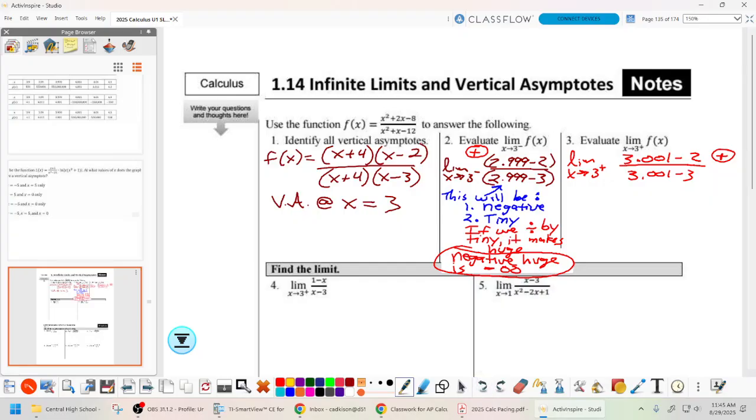Down here we want positive, positive tiny. When we divide by positive tiny, we get positive infinity. So, do you see it doing this in your mind?